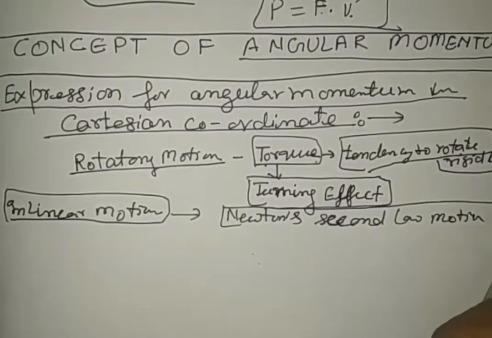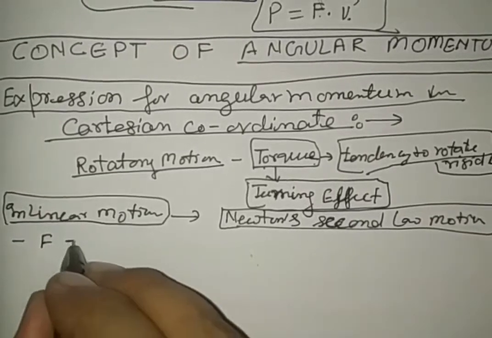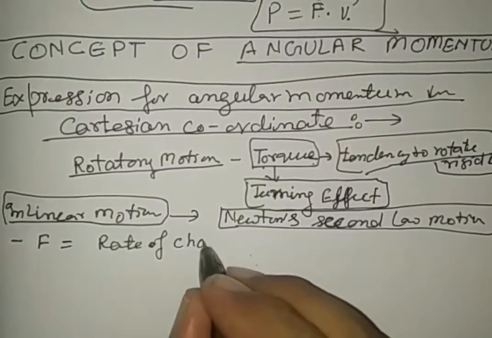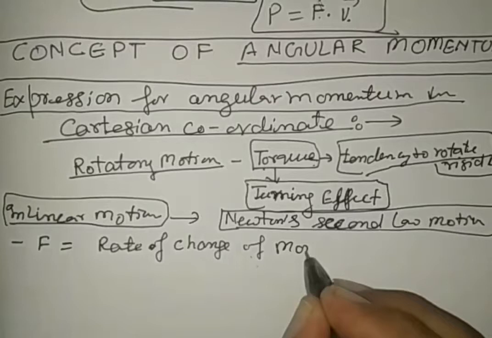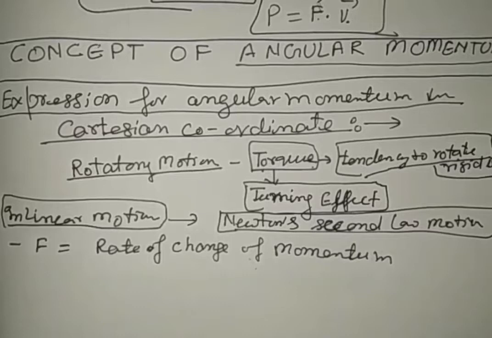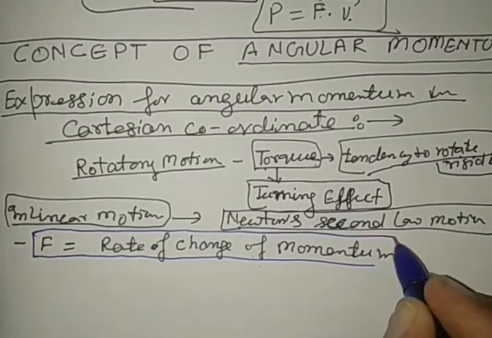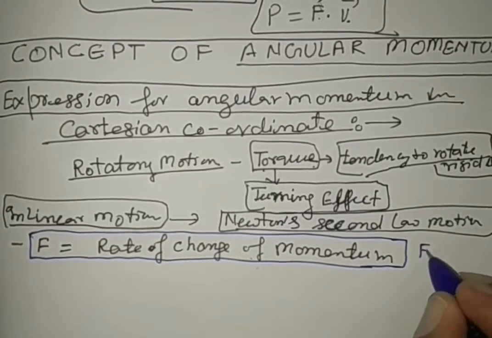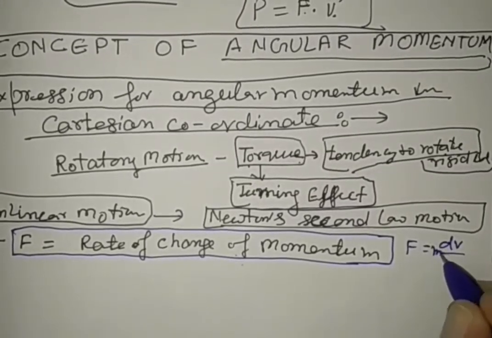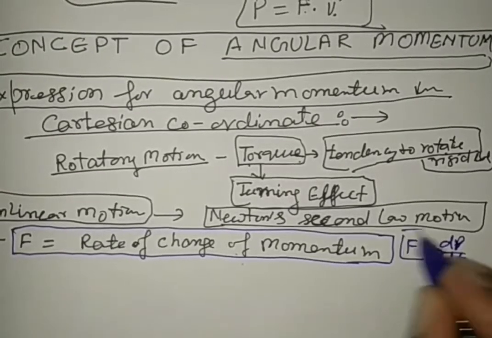Each and every one knows that in linear motion, Newton's second law of motion says force is equal to rate of change of momentum, and mathematically it is written as F is equal to dP by dt, where P stands for momentum.